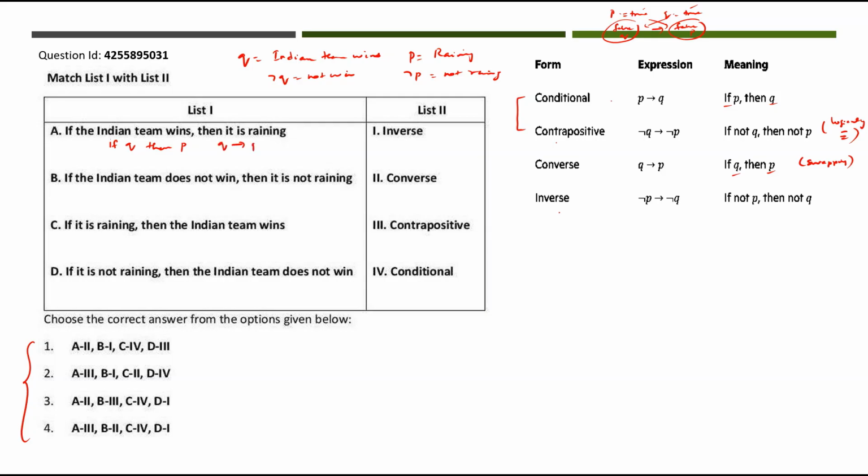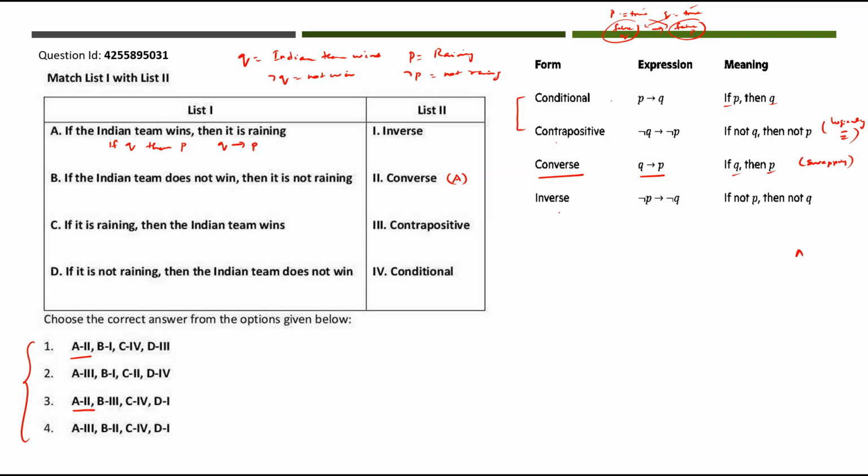It is Q implies P. What is Q implies P? It is converse. A will be mapping to 2. Is A2 available here? Yes, it is available. So definitely Indian team will be Q clause and raining will be P clause.